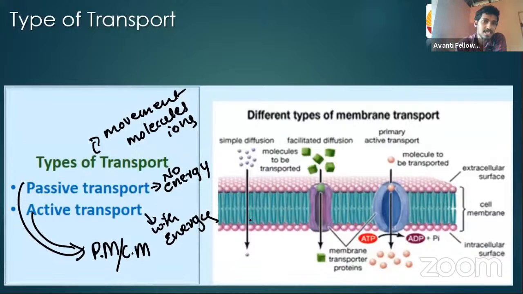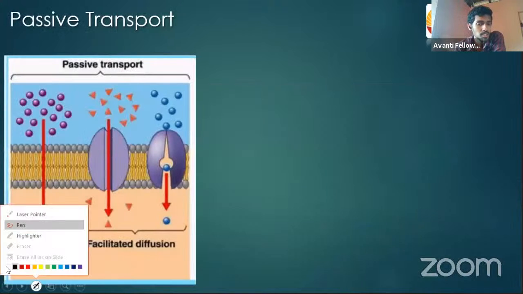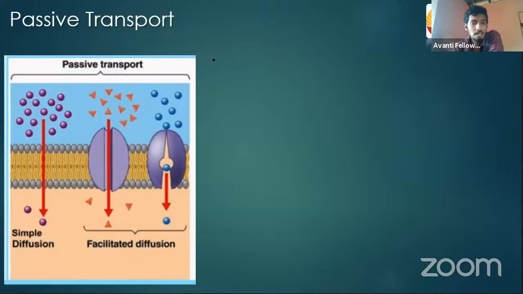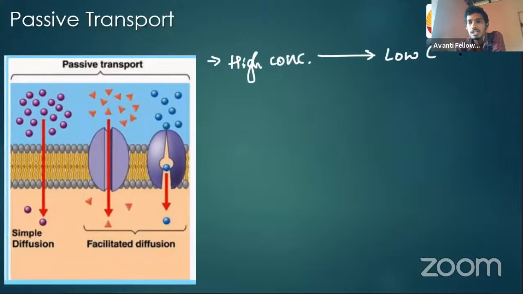So we will see about passive transport first. In passive transport, the molecules transfer from higher concentration to lower concentration. Why do they transfer from higher to lower concentration?